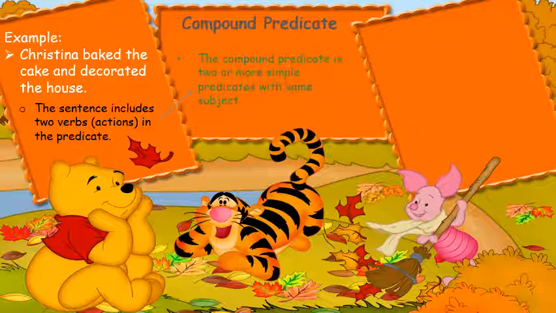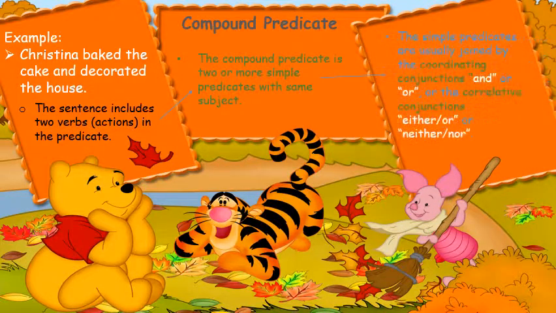So again, I repeat, the compound predicate is two or more simple predicates, which means two or more verbs done by the same subject. Also, if you notice, the simple predicates are joined with "and."